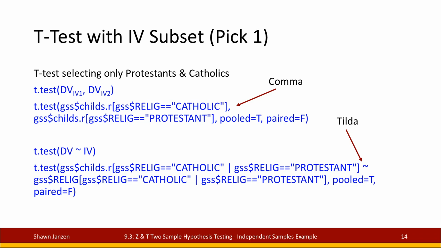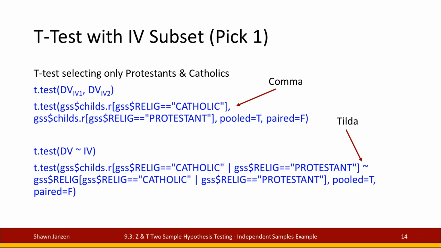What this would come out to in the code is I'm doing a t-test on my recoded childs, then I'm doing a filter to see if the religion equals Catholic, comma, very important to note the comma here. Then I'm doing the GSS on the childs variable, filtering only by those who identified in the religion variable as Protestant. I'm adding on the extra commands here of pooled equals true and paired equals false.